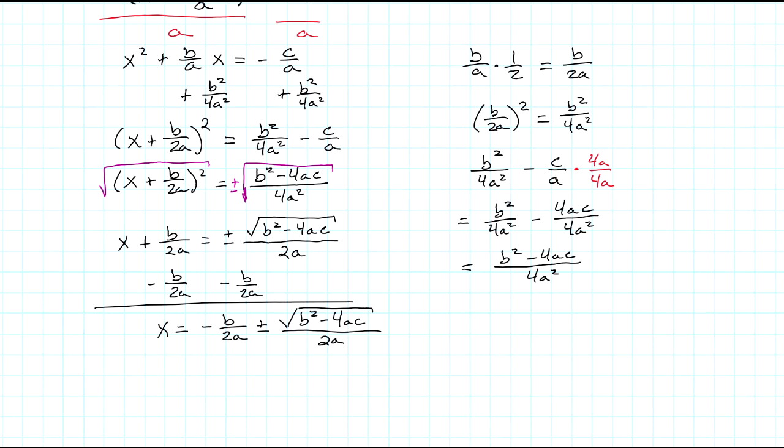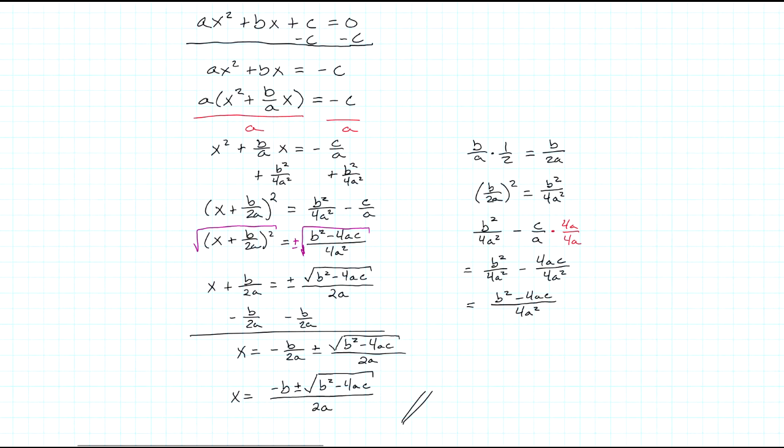And then we can combine the fractions here. So x equals, we have the common denominator, negative b plus or minus the square root of b squared minus 4ac, all over 2a. And we're done. That's it. That's what we were going for. That is the quadratic formula.